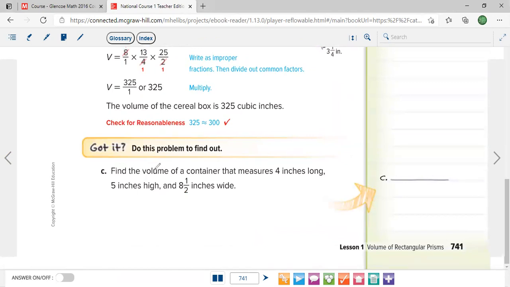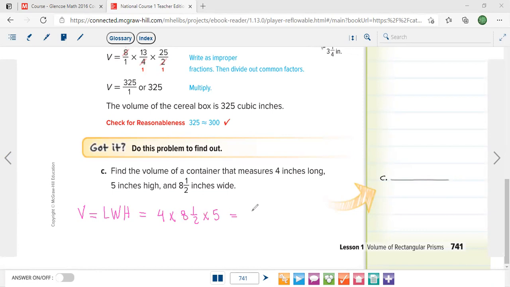Question C, find the volume of a container that measures 4 inches long, 5 inches high, and 8½ inches wide. So without even a graph, we know that volume equals length times width times height. So this will give you 4 multiplied by 8½ multiplied by 5.